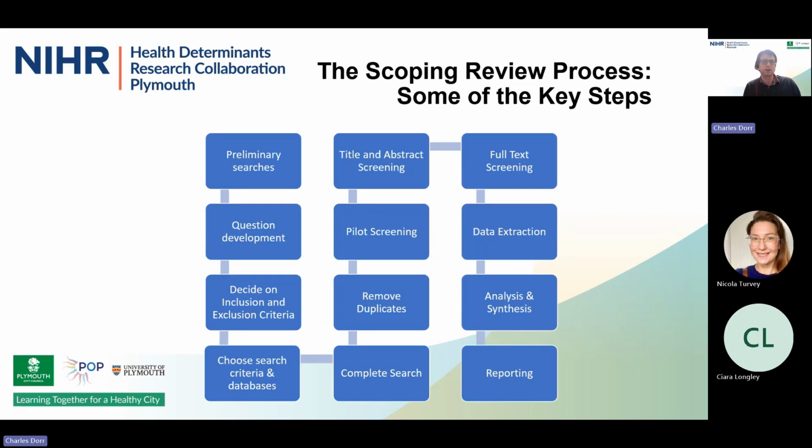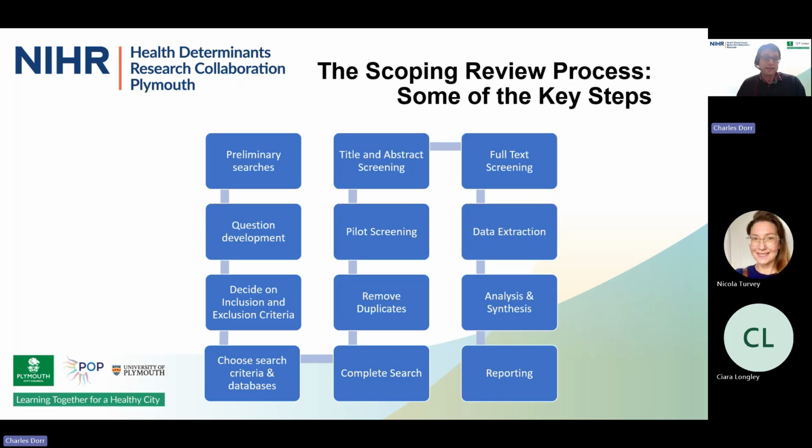You can take a particular article, and each of you can decide whether or not you would include or exclude that article, and you can then discuss the reasons. That's a great way of developing an understanding of how you're applying the protocol to the actual screening process.